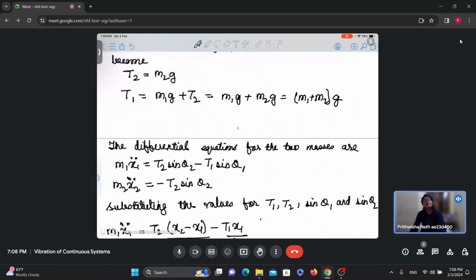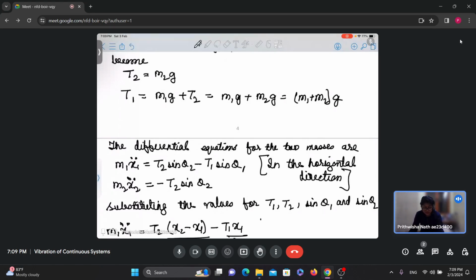Now we write the differential equation for the masses in the horizontal direction. We assume that the masses are moving in the horizontal direction.